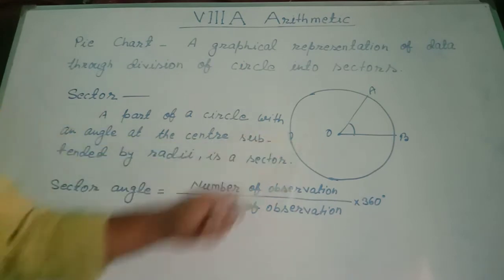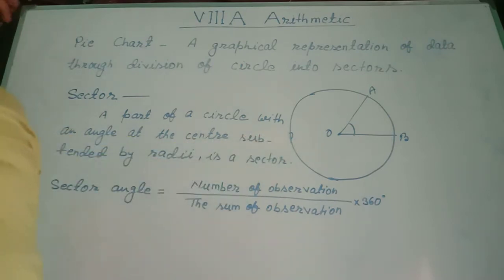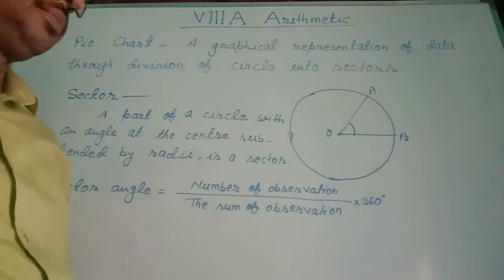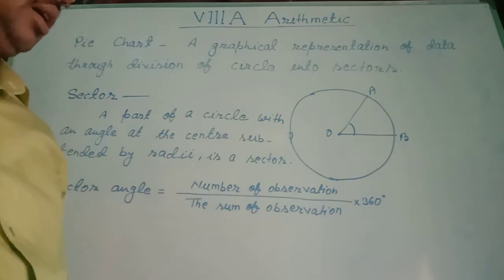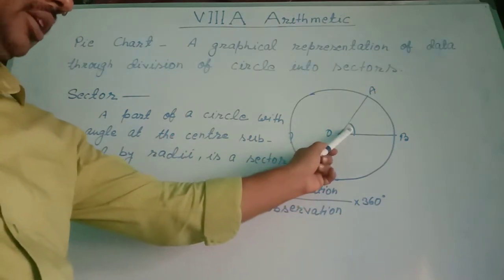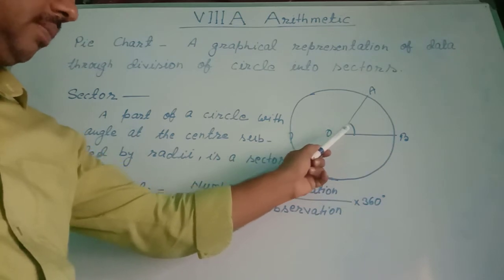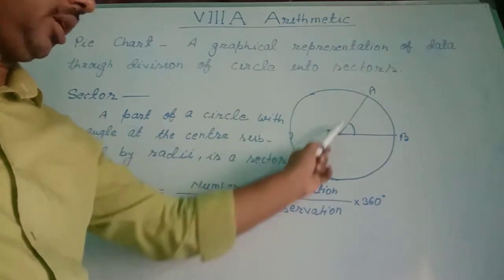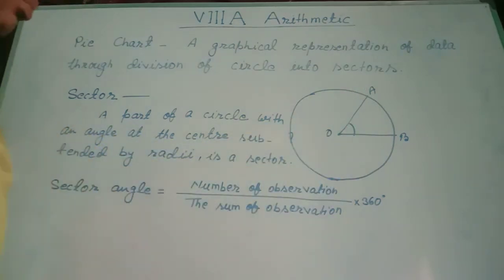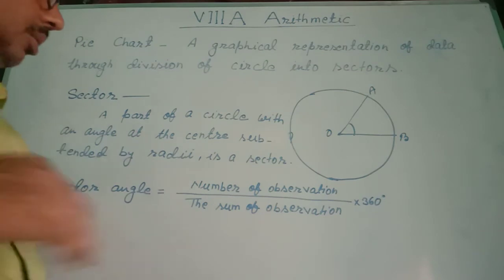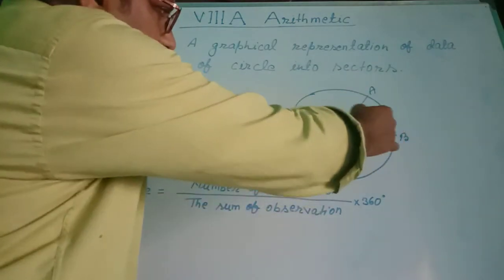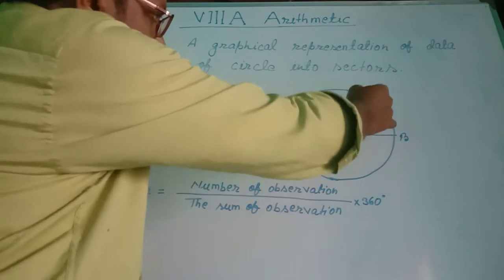In this figure, O is the center of the circle, and one angle is subtended at the center of the circle by these two radii, OA and OB. So this region OAB is called a sector.